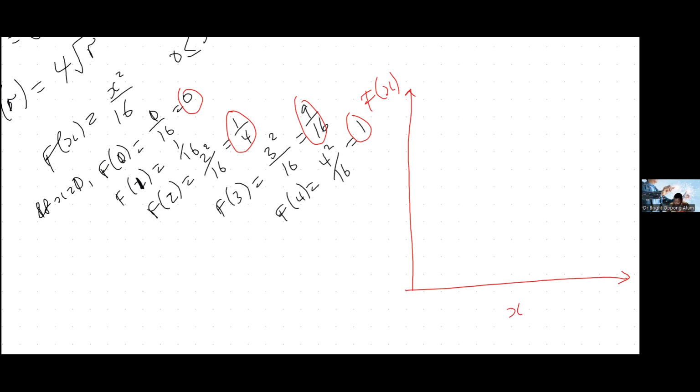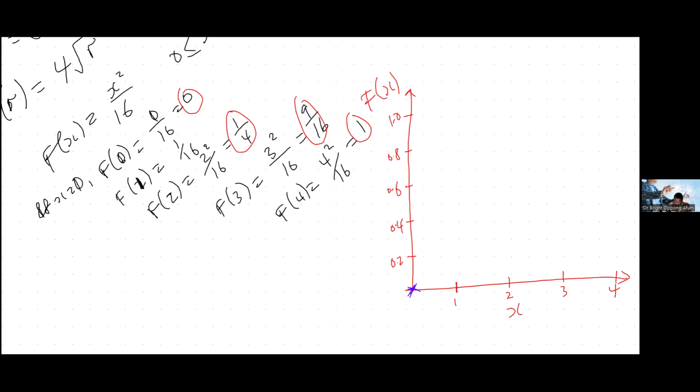So let's say 1 is here, 2, 3, 4, on the x-axis. Then on the vertical axis, 0, 0.2, 0.4, 0.6, 0.8, 1.0. So the first value is that.